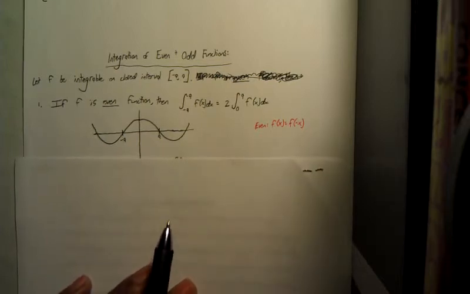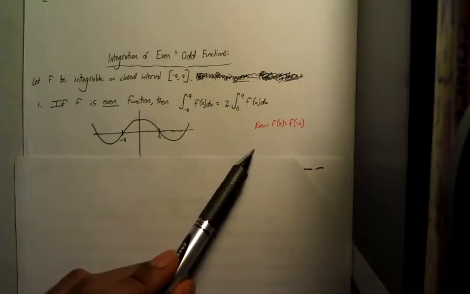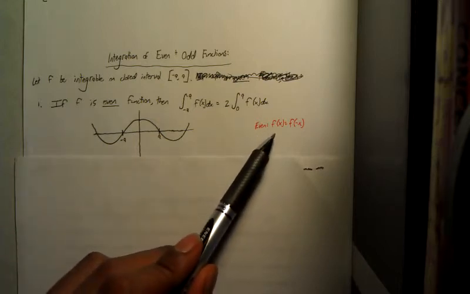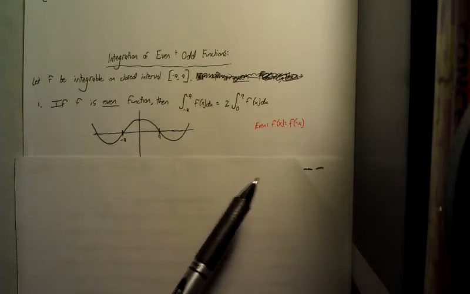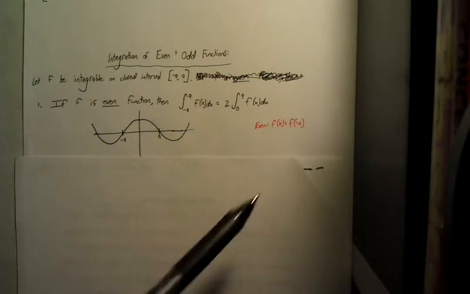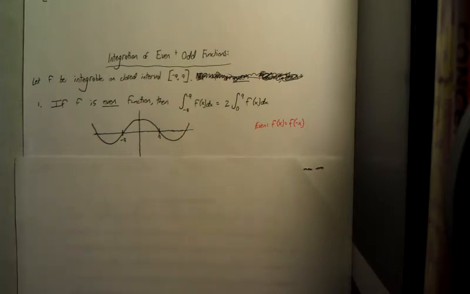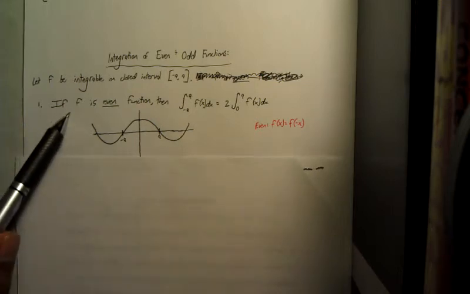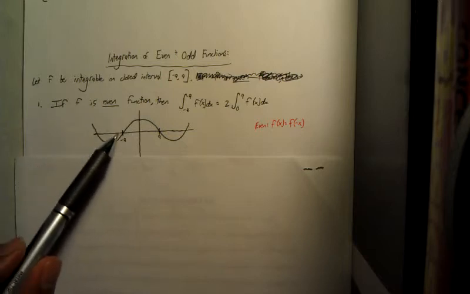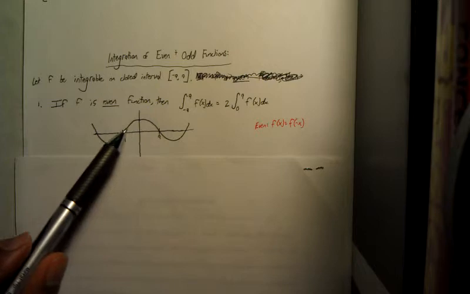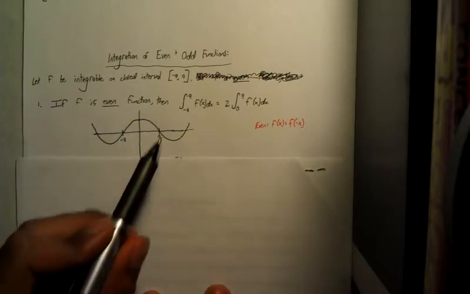For a picture, first of all, just recall that even functions are when opposite input produces the same output. So f of x equals f of negative x. So in this case, if f is an even function, here I have a picture of a cosine graph, which is an even function.